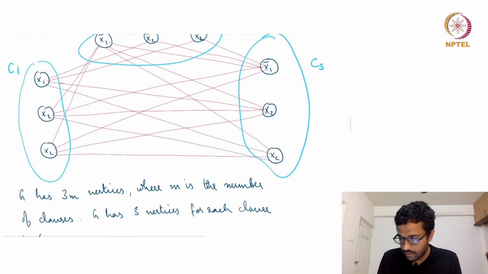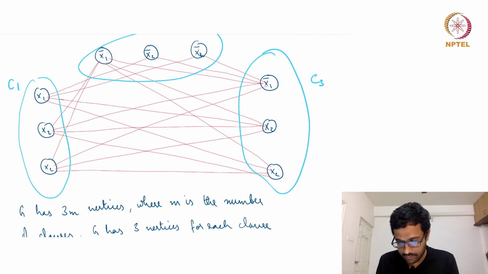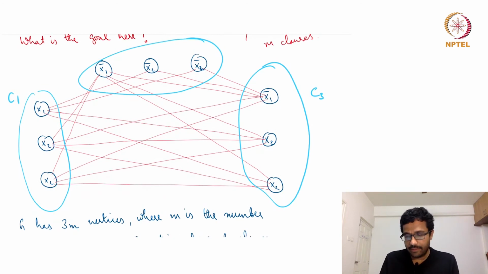So basically there is one group for each clause, and within one group 3 vertices, one for each literal in the clause. This is the graph. So if there are m clauses, there will be 3m vertices.